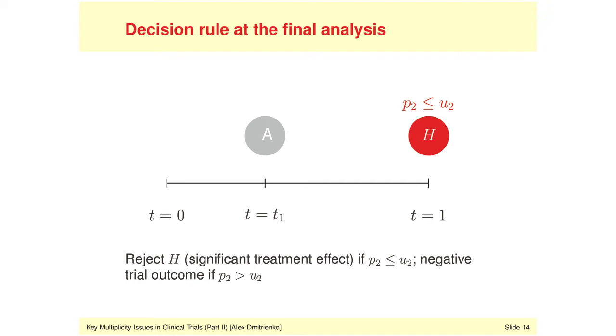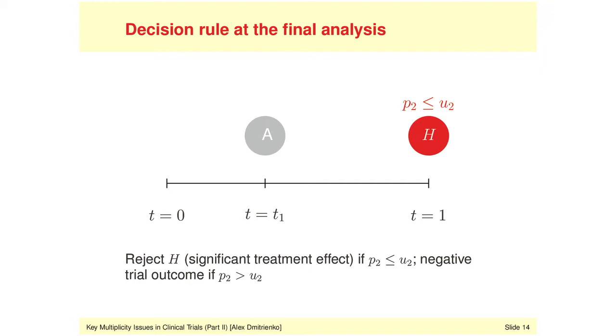Of course, we will not be using the same p-value. We'll have more data, and using the additional data accumulated by the time of the final analysis, we will compute another treatment effect p-value, which is denoted by P2, and that P2 will help us define a decision rule for this null hypothesis.